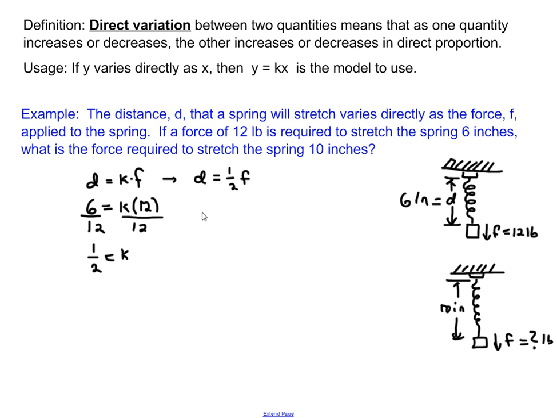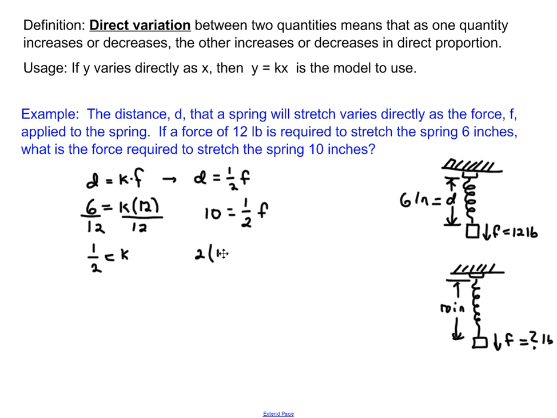All right. So in this particular spring, what kind of force is required if we want to stretch it 10 inches? Well, we're going to take 1/2 times whatever force is required to make that happen. And in this case, that requires that we would multiply both sides by 2. Right?